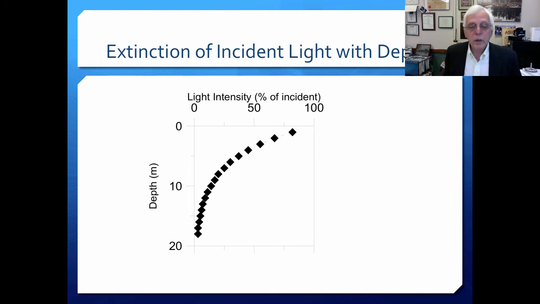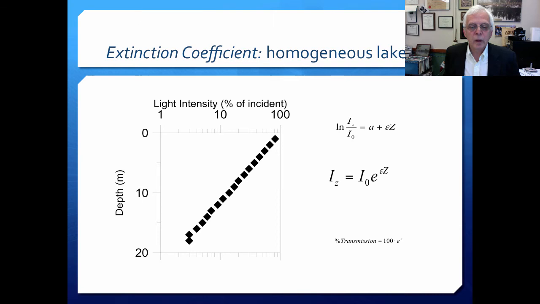This looks like a very smooth graph, and we do see smooth graphs like this very frequently because the upper mixed zone of lakes tends to be fairly homogeneous, so you don't have various little layers you're going through. If we take the logarithm of one of the axes of those data in the previous plot, you find that it's a fairly straight line, and we frequently do find this.